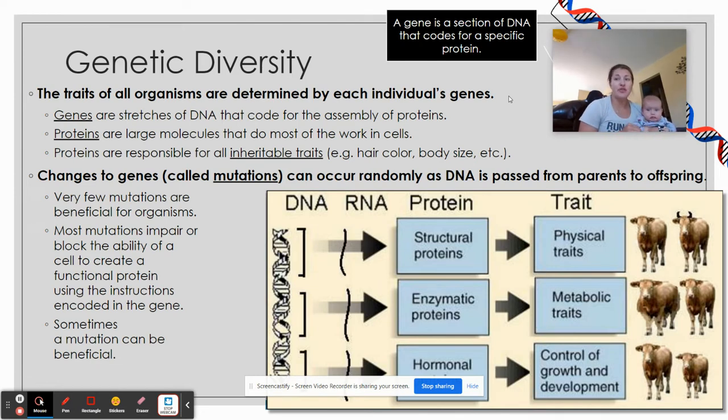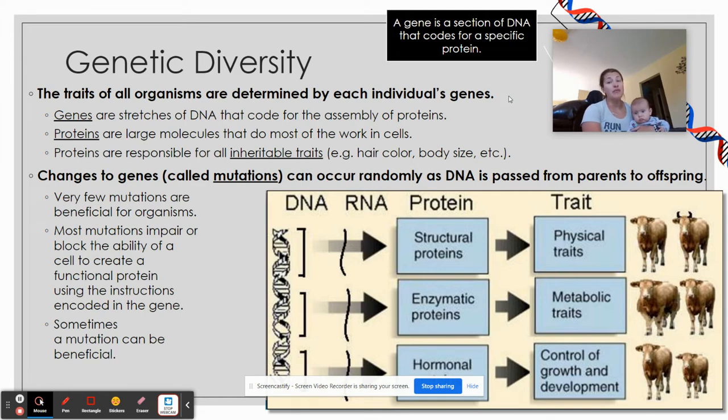If we have changes to those genes, those can be mutations. Mutations can be good, or mutations can be bad, or mutations cannot matter at all and they can be silent mutations. So, all of that is review of regular bio. Some of these mutations that are good are going to be more likely to be passed down because if you have a good mutation, it's going to make you healthier, make you stronger.